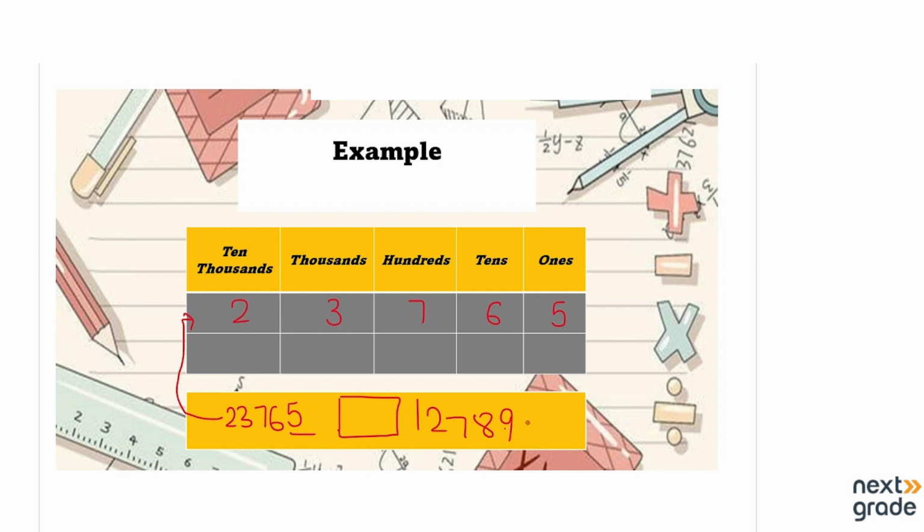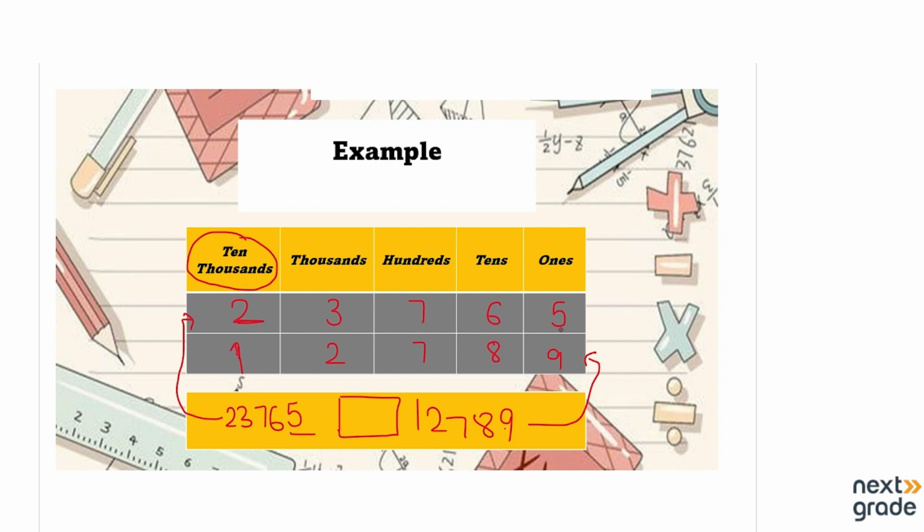Likewise, I'm going to put the second number in the second box of the place value chart, that is 9, 8, 7, 2, 1. So we compare the biggest place value, which is 10,000. And if we compare, we find that 2 is bigger than 1.